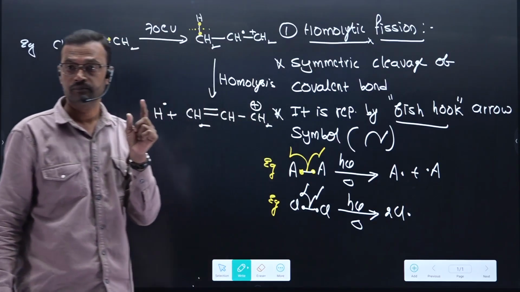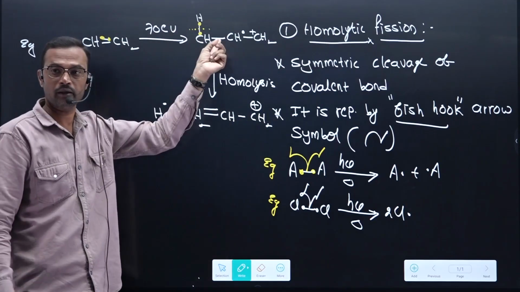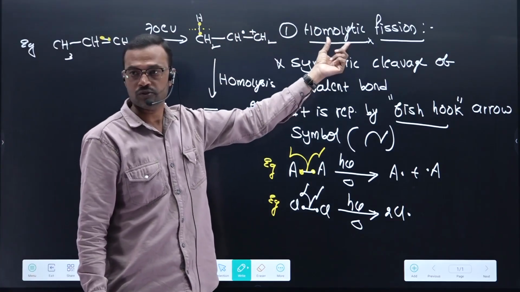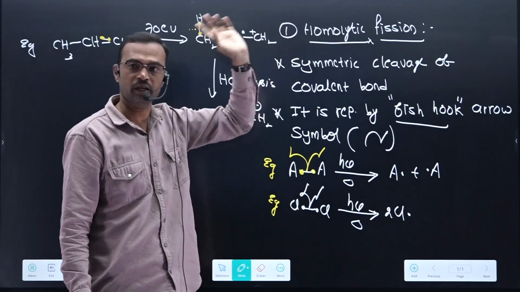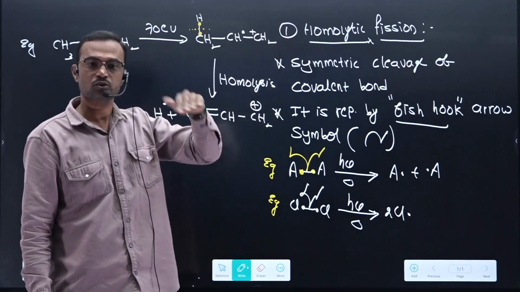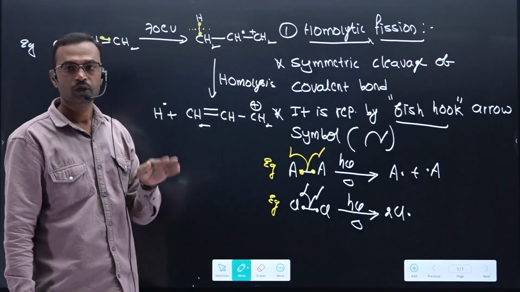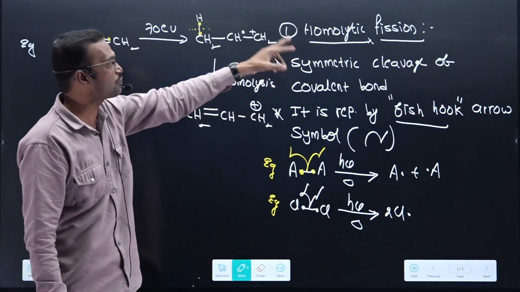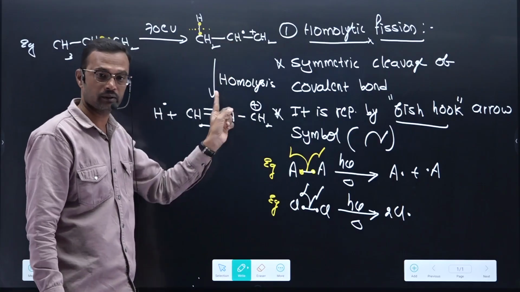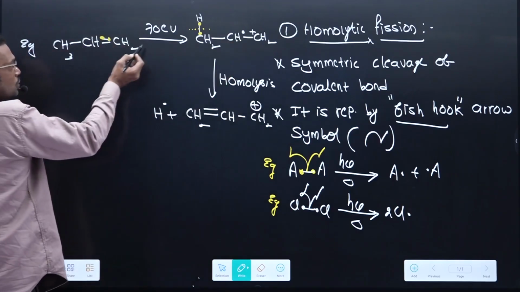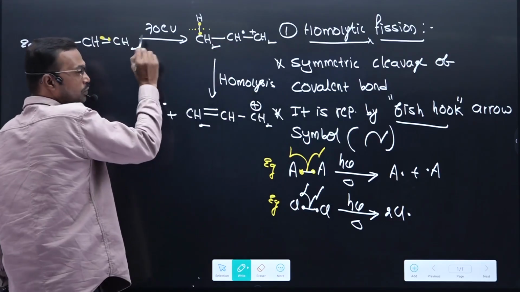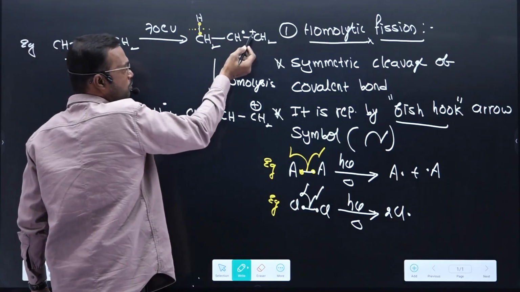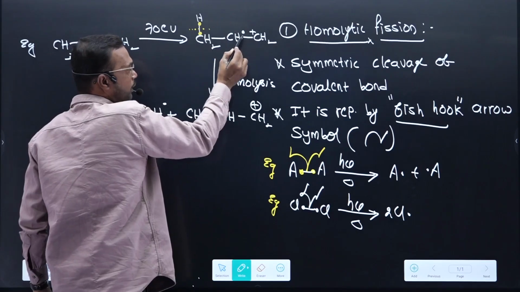That's it. After formation of the molecular ion, these fissions are applicable. Be prepared: after formation of the molecular ion, apply homolytic fission, heterolytic fission, hemi-heterolysis. Don't apply them initially. If you apply initially, that is also possible, but that is not included in mass spectrometry. First I used electronic impact using 70 electron volts, so one electron is removed and I got a radical cation.